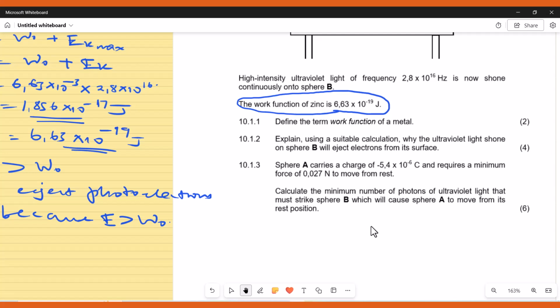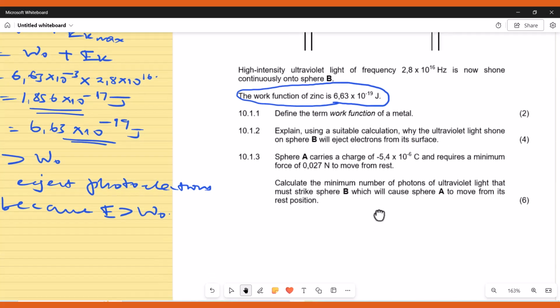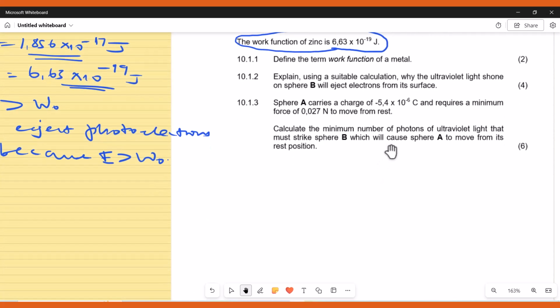Now, they gave us the force. Note that the number of photons is exactly equal to the number of electrons. So if I can get the number of electrons after getting the charge on sphere B, that would be the answer. From Coulomb's law, the force is given by K times charge on sphere A times charge on sphere B divided by the distance squared.